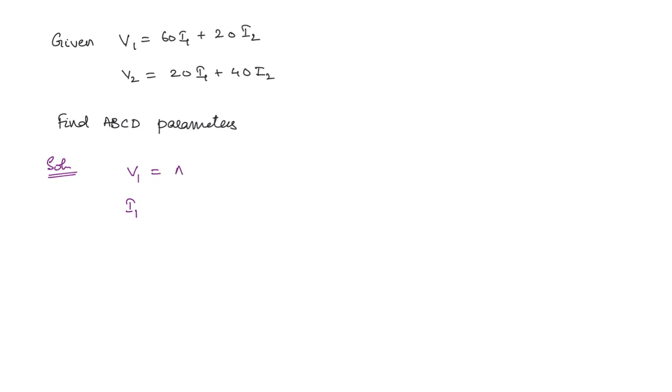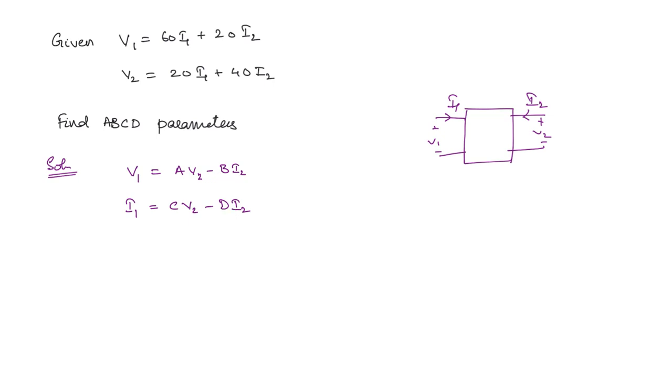So V1 is equal to A V2 minus B I2, and I1 is equal to C V2 minus D I2. Okay. So we took the current like this flowing into the two-port network and voltages V1 and V2. Now if you make I2 as 0, then you can find A and C.